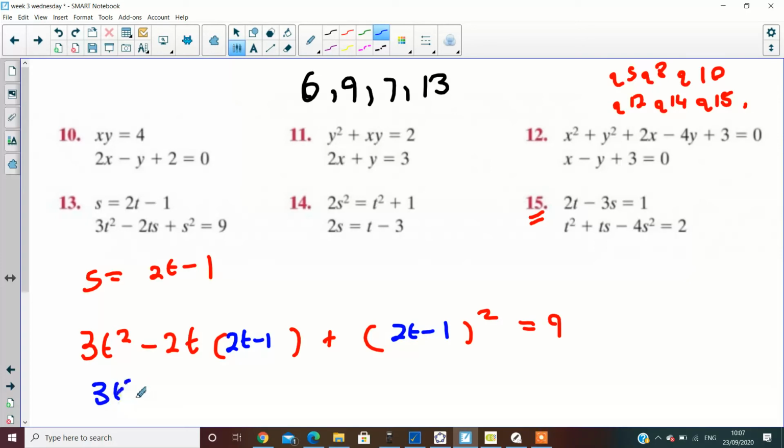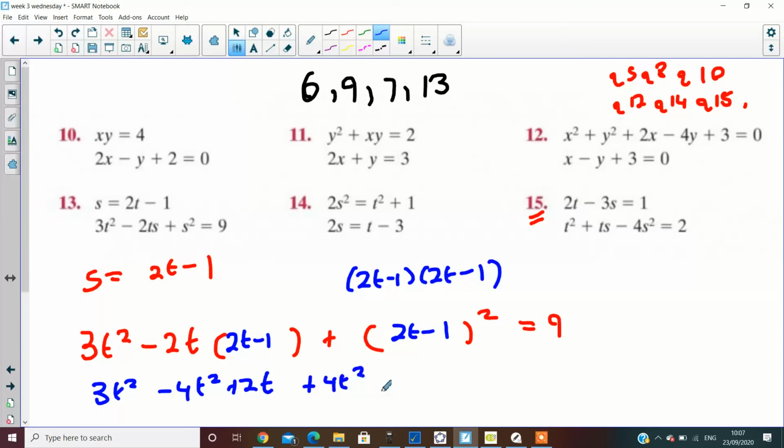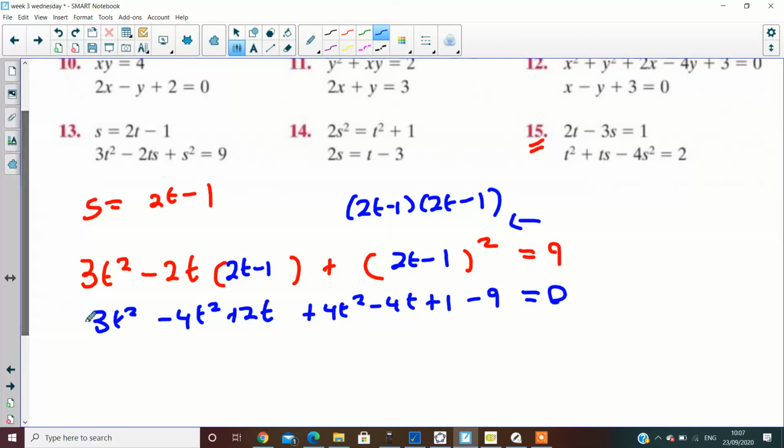You get 3t squared minus 4t squared plus 2t. 2t take away 1, 2t take away 1. 4t squared minus 4t plus 1. Take away 9. 0. 3t squared minus 2t minus 8.